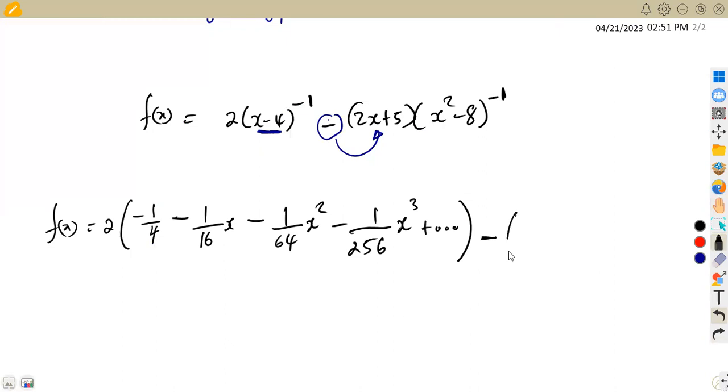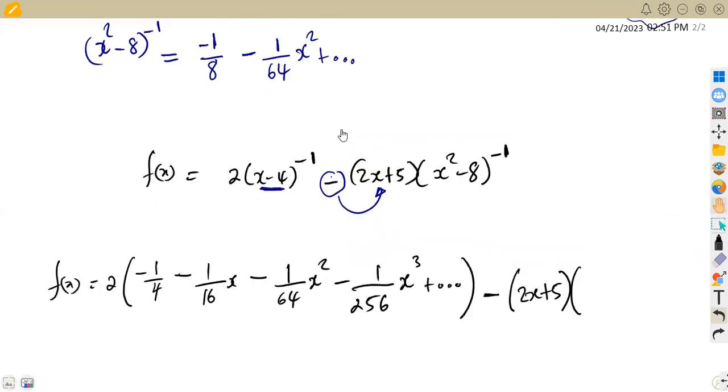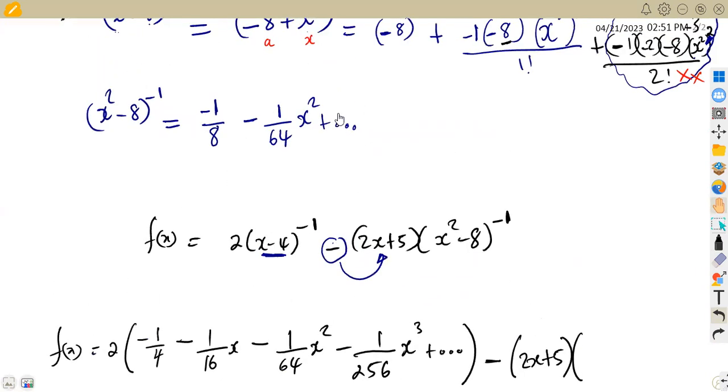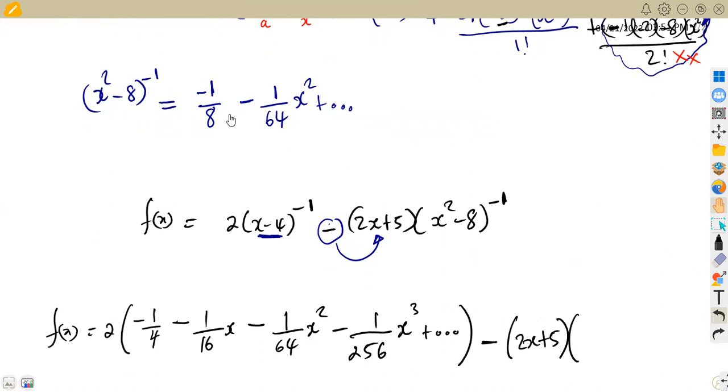So this is going to be minus (2x plus 5) into the bracket of (x squared minus 8) to the exponent of -1, which is this one that we got here. And in this case, we got -1 over 8, -1 over 64 x squared, plus, and so on.